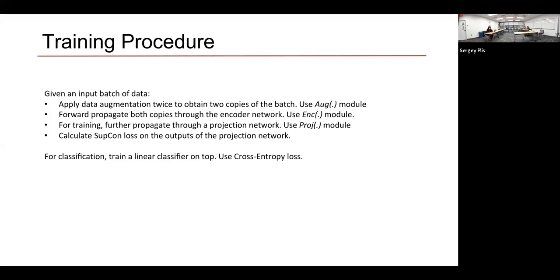For the second stage, they trained a linear classifier on top and made the other portions of their model, for example the encoder module, completely frozen. For training the linear classifier, they didn't use supervised contrastive loss, they just used cross entropy loss. But they also mentioned that it is possible not to do the second stage at all. Only the first stage would be enough.